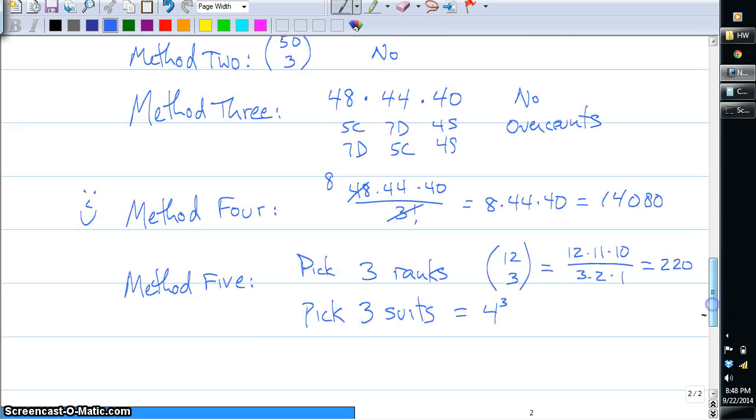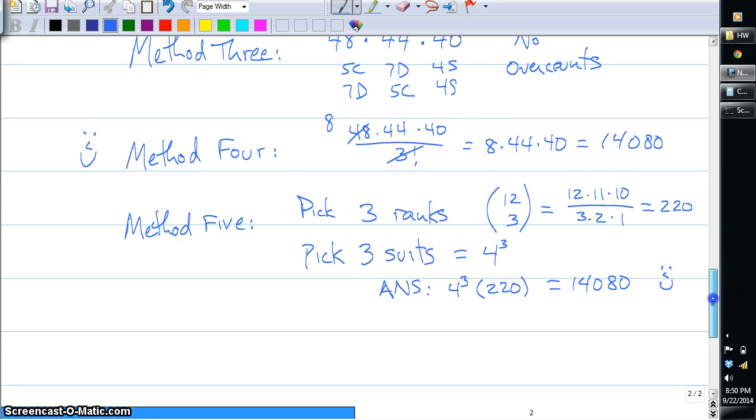And so this leads us to the answer 4 cubed multiplied by 220, which happily agrees with the answer we found in method 4, 14,080, the total number of ways of filling out our 3 additional cards.